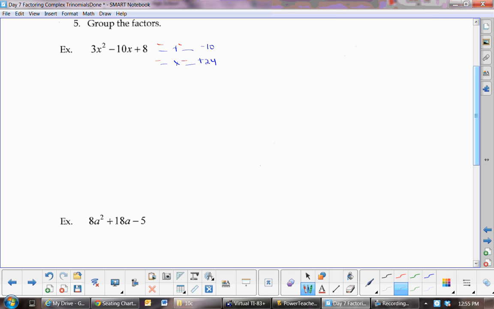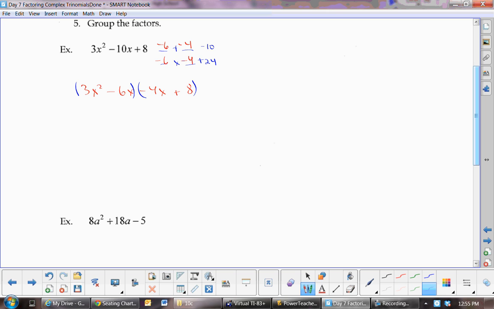I'm going to pick negative 6 and negative 4. Then this is 3x squared minus 6x minus 4x plus 8. I'm going to put a set of brackets around the first two and the second two.